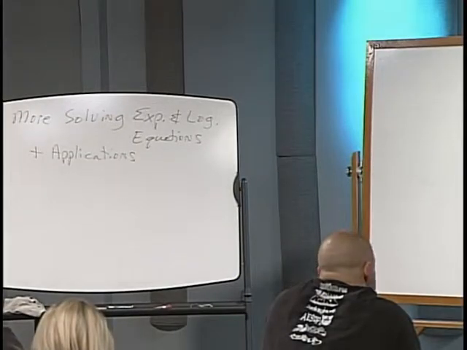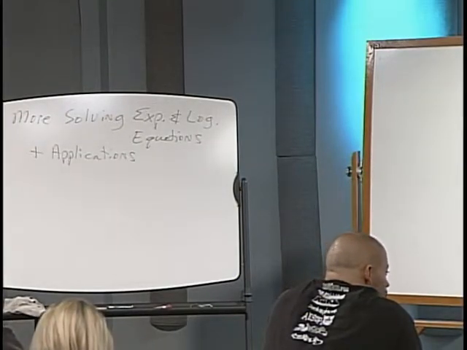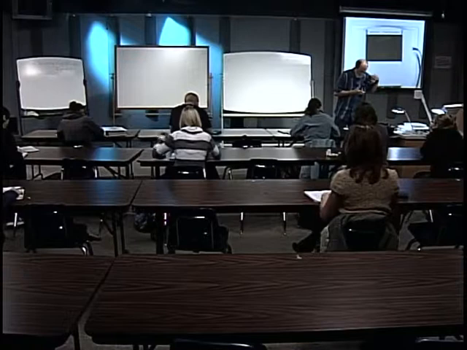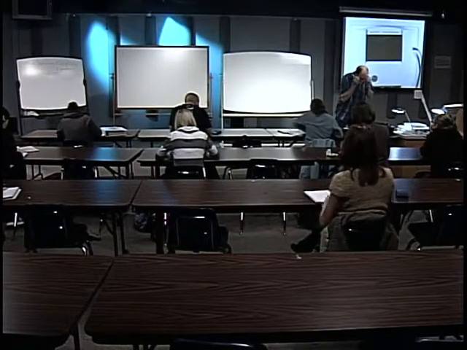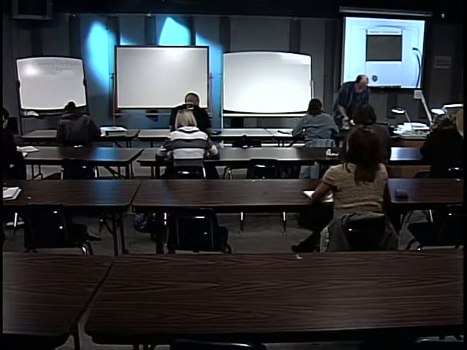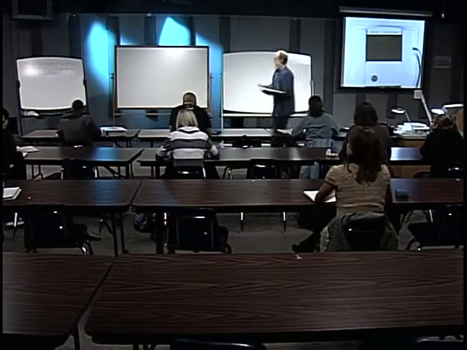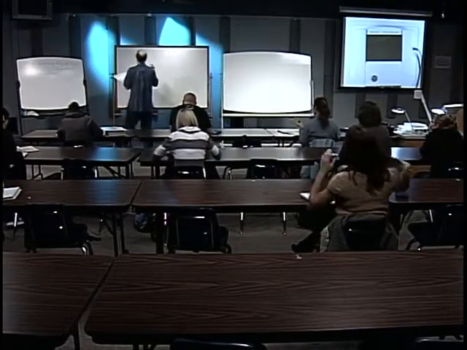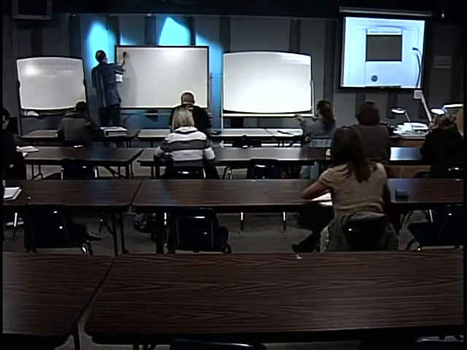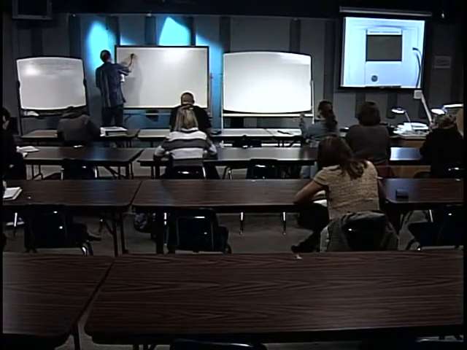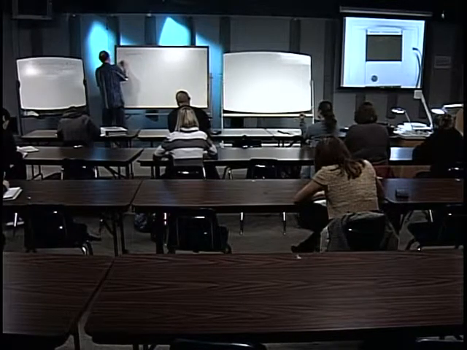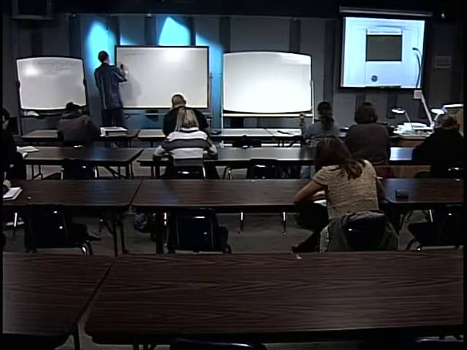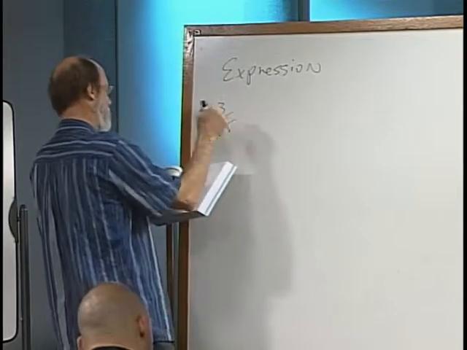So first of all, a question was asked by someone from homework, and it was to collapse a logarithm expression. Let me go ahead and put it up here. This is not an equation. This is an expression. This one happens to be from our textbook on page 305, number 63.